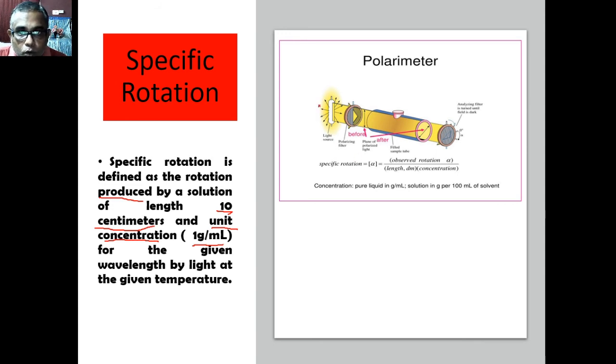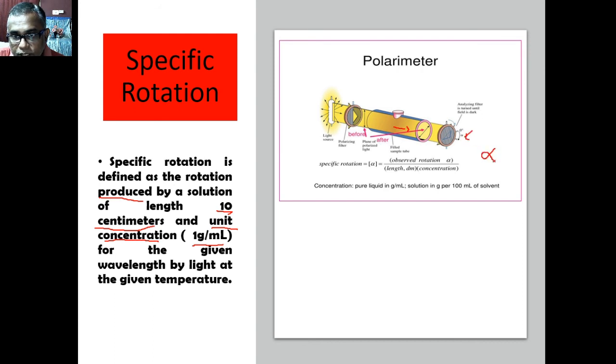When you pass light, it travels in a single direction, that is, it is a plane polarized light. But once it passes through the compartment and comes out, you can see its direction has changed. An analyzing filter measures the change in the angle, and this change is called alpha.